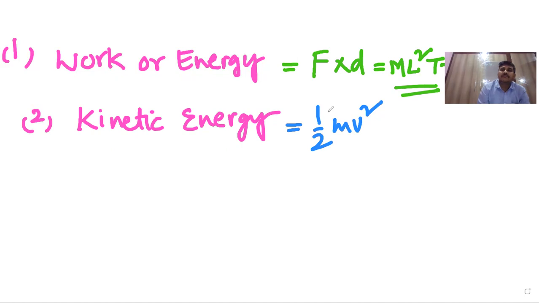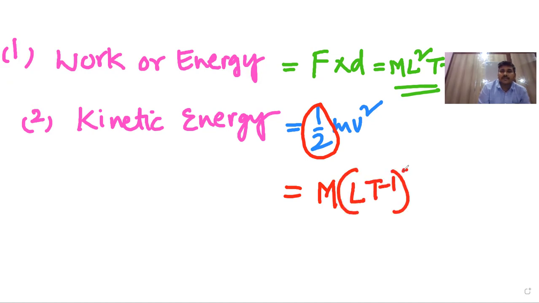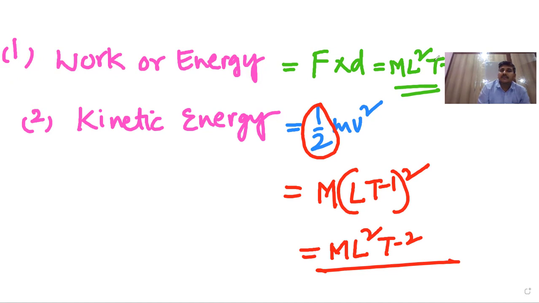This half is a non-dimensional parameter, so it is not having any kind of dimension over here. It is a constant, you can eliminate this one. So for the mass M, velocity LT minus 1 whole square. So finally, ML square T minus 2, which is same as that of the work or the energy. Clear?